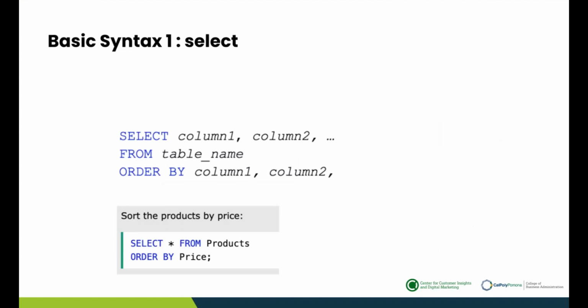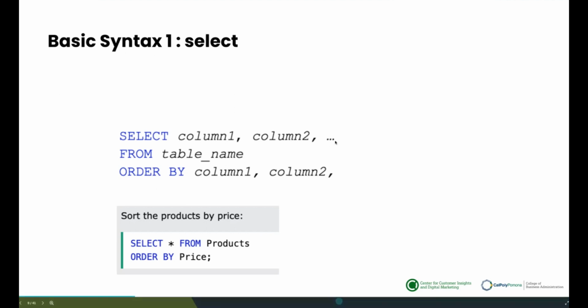Next, let's look closely at the syntax. As you can see, in the SELECT clause, you put the column names you want. In the FROM clause, you put the table name. In ORDER BY, you put the column name here.